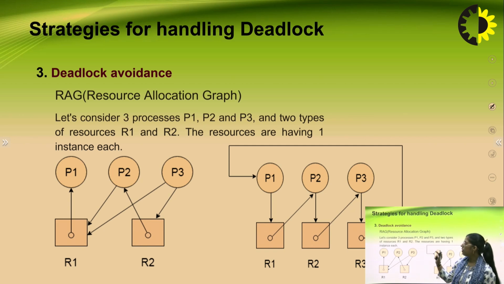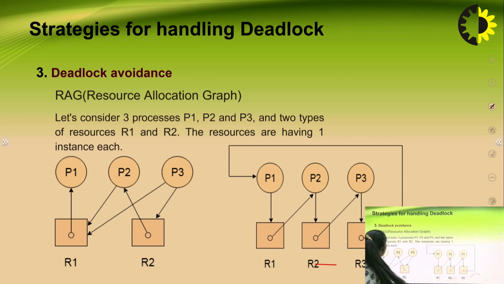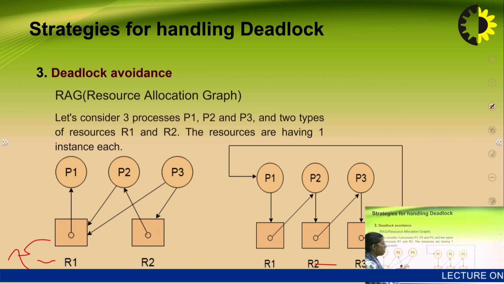So the first way to handle this particular deadlock is using the resource allocation graph. What this graph says is that we need to denote all the processes using circles and resources using squares or rectangles. Here this circle denotes that only one instance is possible, or only one particular process can use this resource.